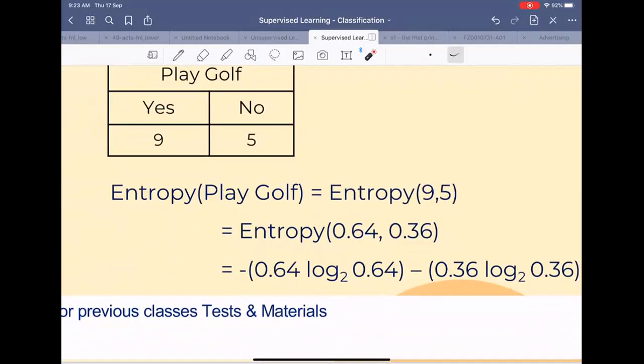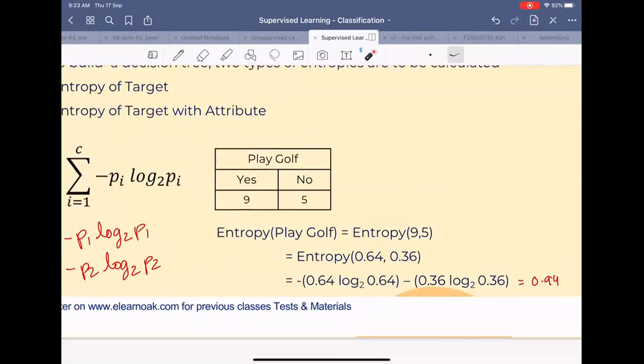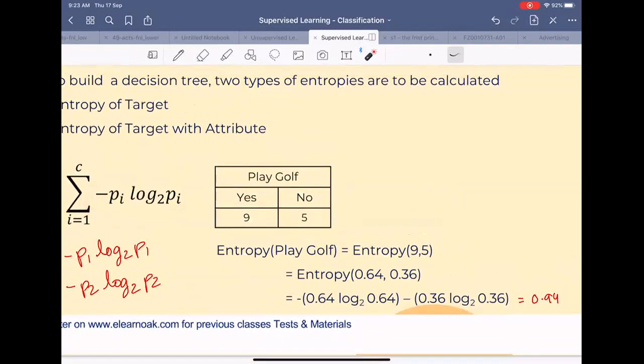So the entropy of 9, 5 is the entropy of 0.64, 0.36, which according to our formula here is minus p log to the base 2 of p, minus q log to the base 2 of q, or if this is p1 and this is p2, minus p2, which is 0.36, log to the base 2 of 0.36.